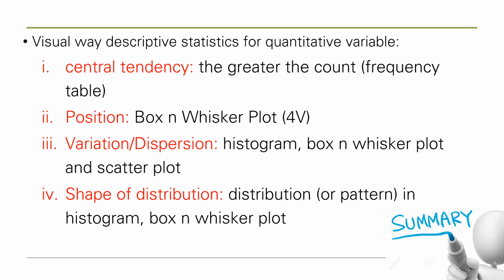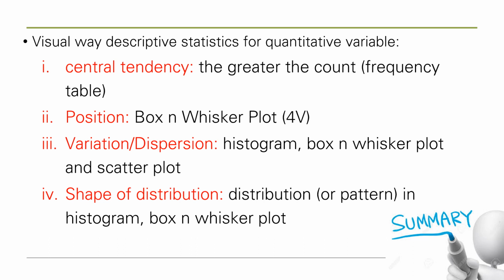In terms of positions or the locations of the data, box plot is the visual which best describes the positions or locations of the data. This is through the quartiles, maximum, minimum, and IQR or interquartile range.